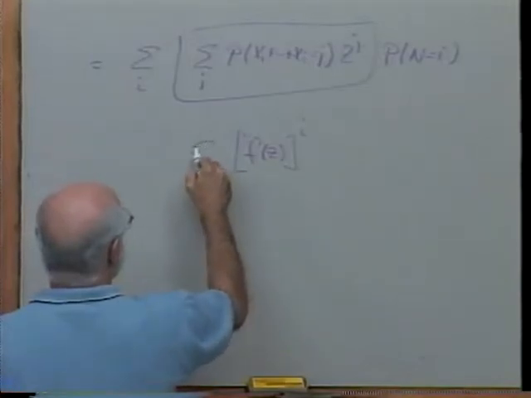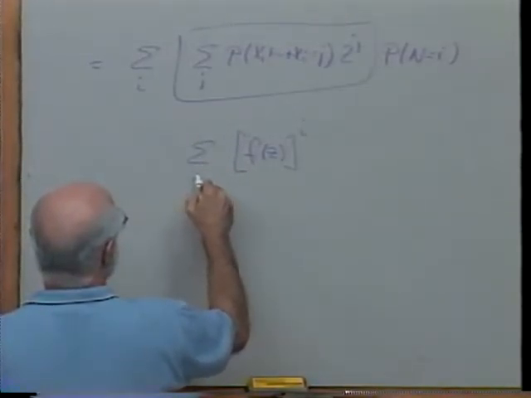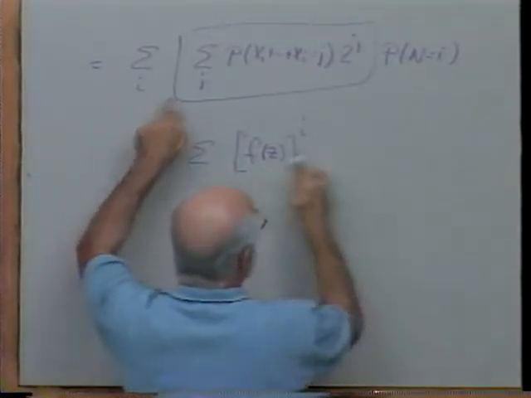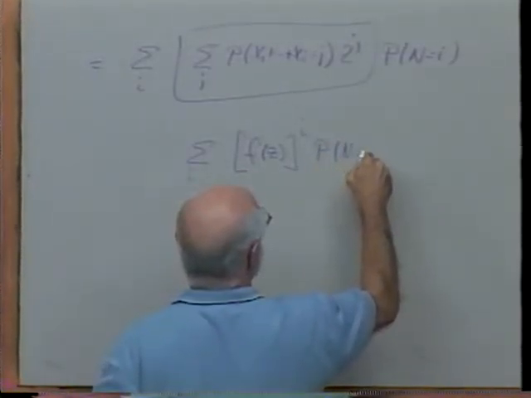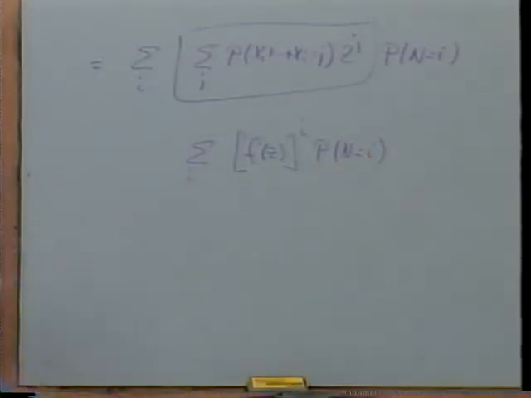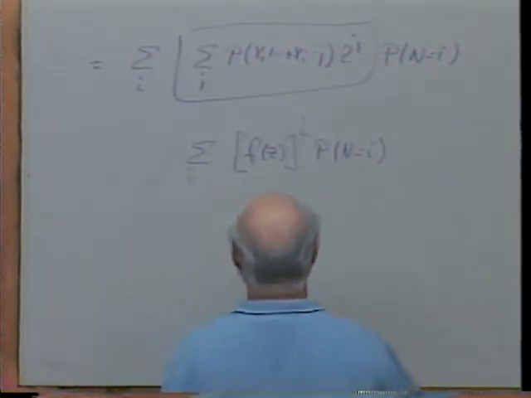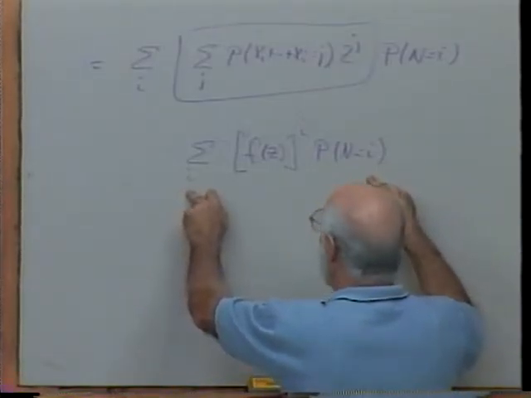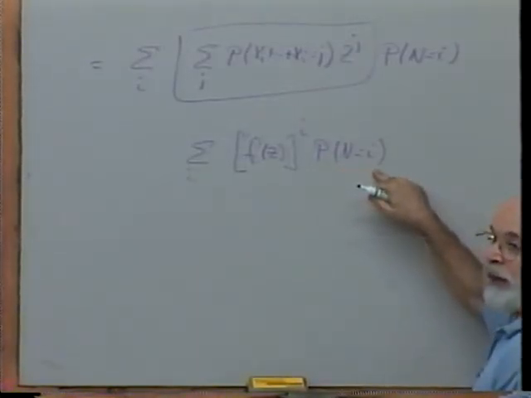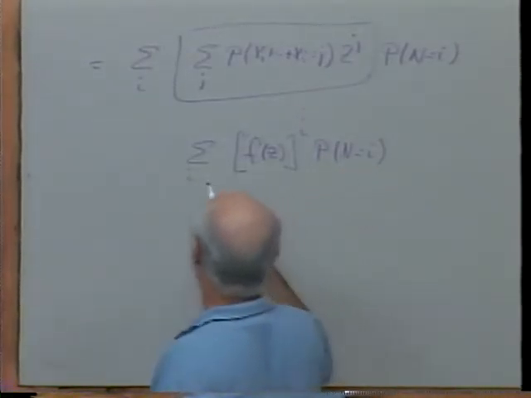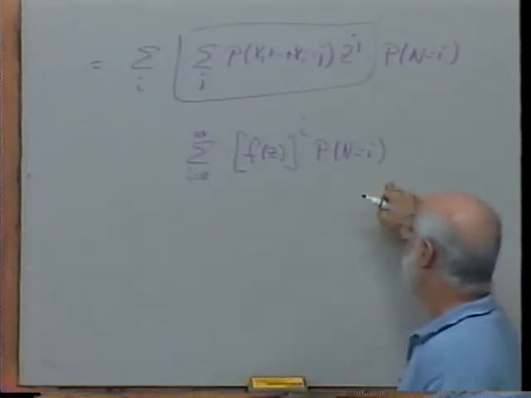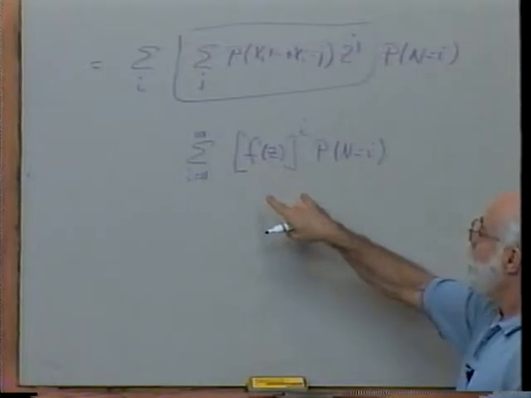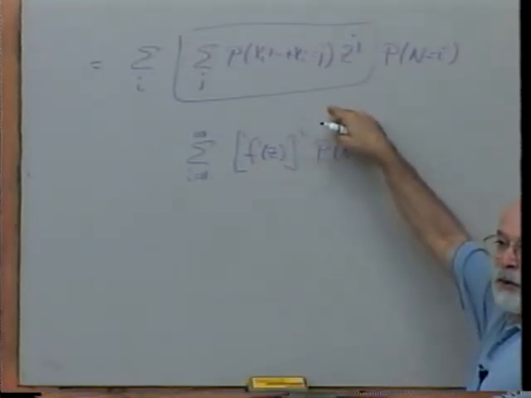And that is inside the sum over I multiplied by the probability that n is equal to I. But what is that? Well, this has got the sum over I of the probability that n equals I. Remember, I here runs from 0 to infinity, times something raised to the ith power.